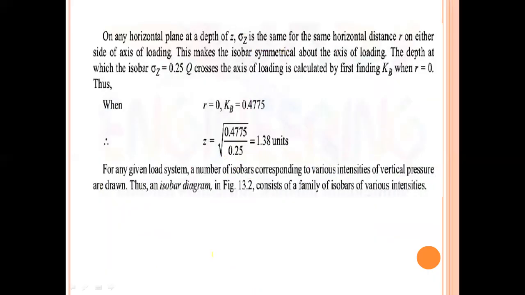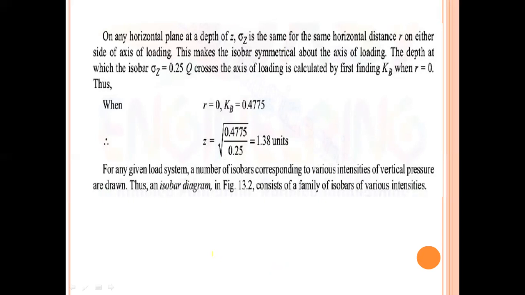On any horizontal plane at a depth of z, sigma z is the same for the same horizontal distance on either side of the axis of loading. This makes the isobar symmetrical about the axis of loading.